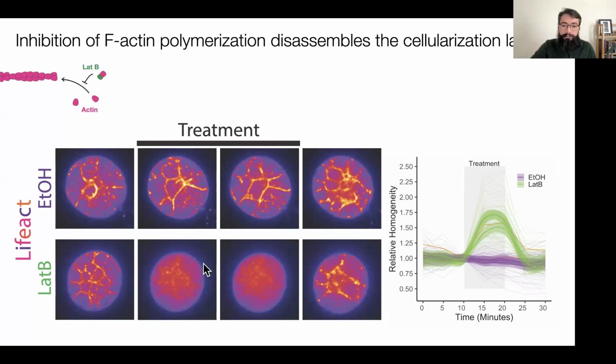And what we found is that right after treatment, we wash the latrunculin B, and within 5 minutes, you have again started assembly of the cellularization lattice. This suggests that a lot of the actin that is being used for the assembly is under rapid turnover. You're polymerizing new filaments and depolymerizing them. And this is in agreement with a complex structure that is rapidly changing.